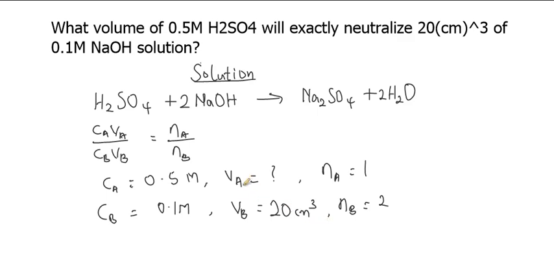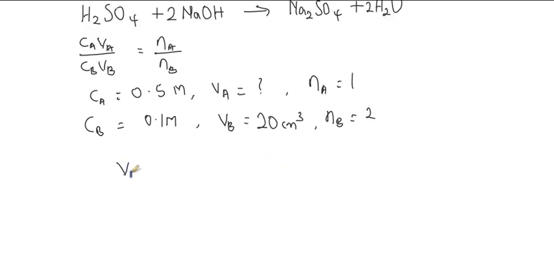To find Va, we will make Va the subject of the formula. Va equals Cb Vb Na all divided by Ca Nb. So let's substitute the values.